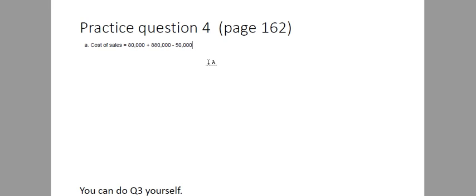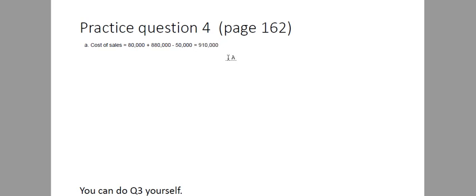So let's make a calculation here. So it will be 80,000 plus the 880,000 minus the 50,000. So 910,000. So cost of goods sold is 910,000.